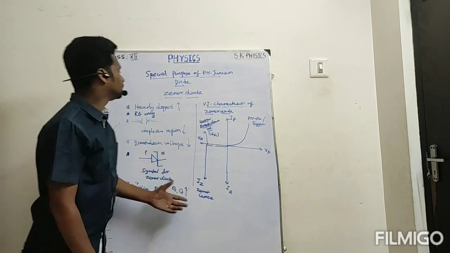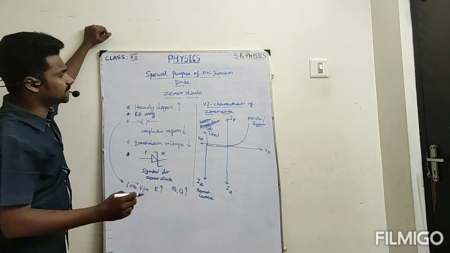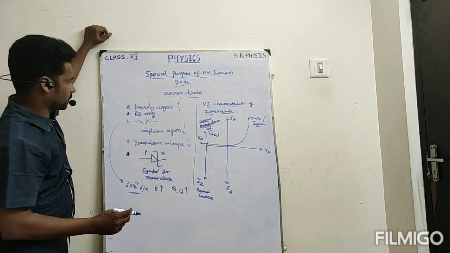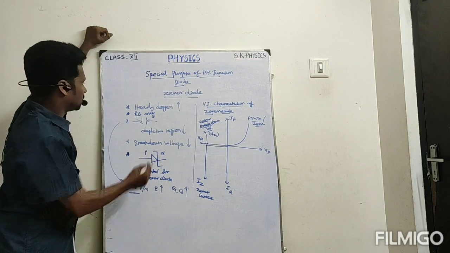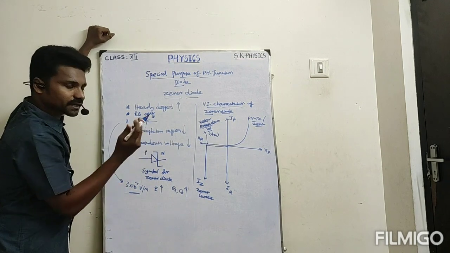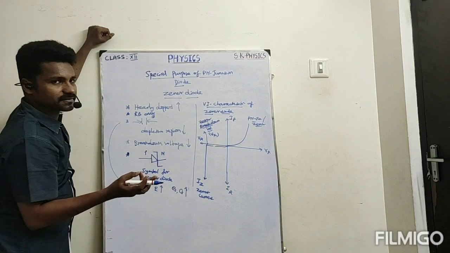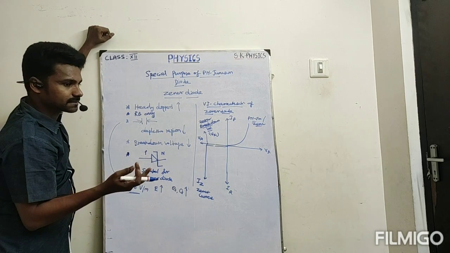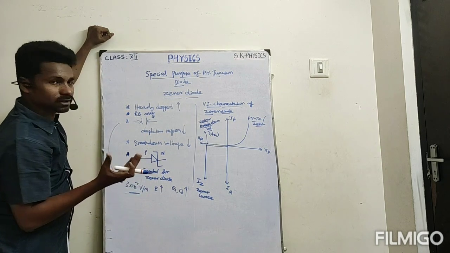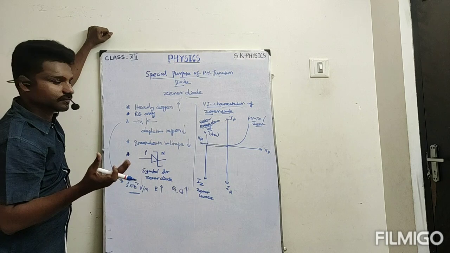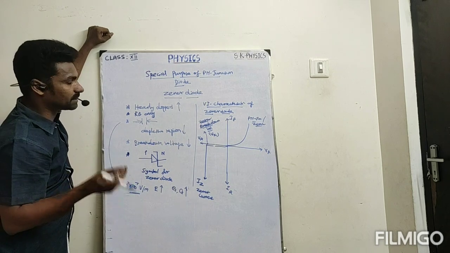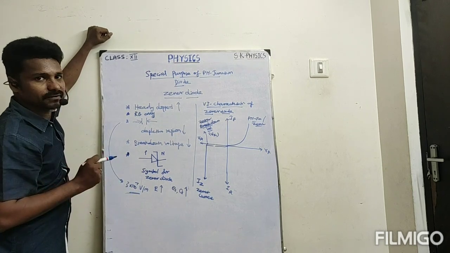So the Zener diode, which is heavily doped and operating in reverse bias, gives a Zener voltage or breakdown voltage that is very low compared with the PN junction diode.